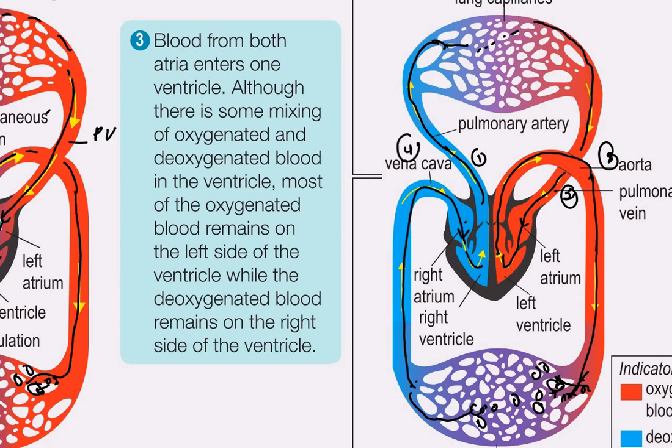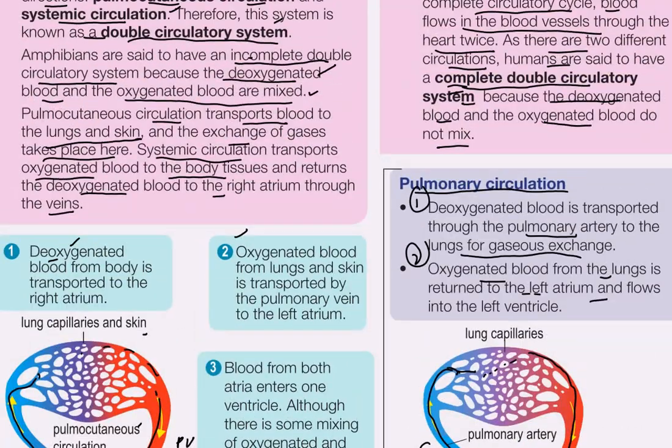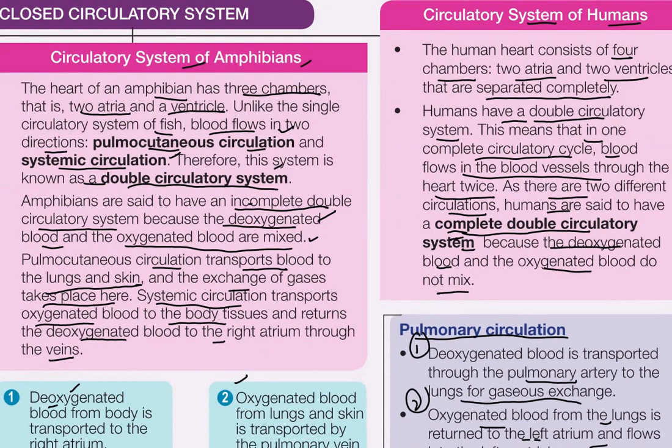The process will continue until all the cells get the oxygen. This is the function of the circulatory system, to transport oxygen to all parts of the body. Okay, so this is the human circulatory system, and that's all for the circulatory system.